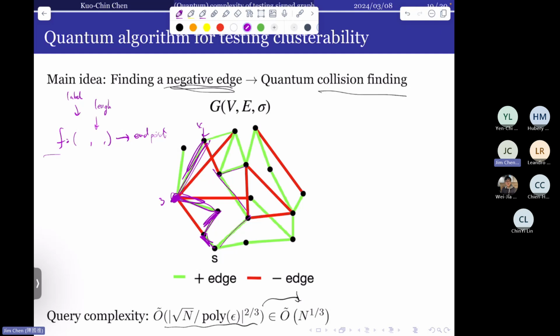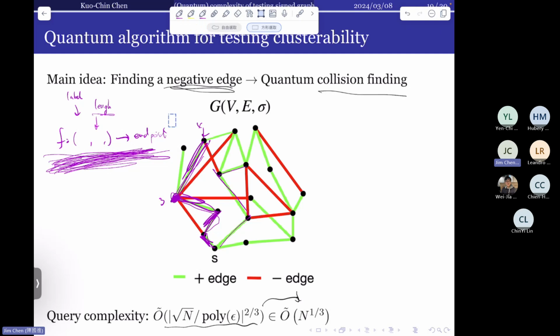So we can define such a function, and the query complexity for evaluating this function depends on the length of the random walk.